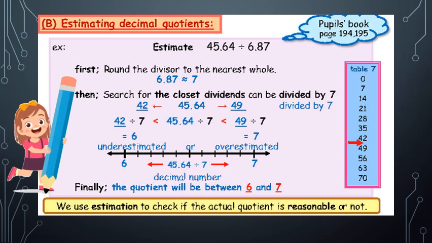We divide both by 7: 42 divided by 7, the rounding down, and 49 divided by 7, the rounding up. So the quotient will be between 49 divided by 7 equals 7 and 42 divided by 7 equals 6. So the quotient will be between 6 and 7.